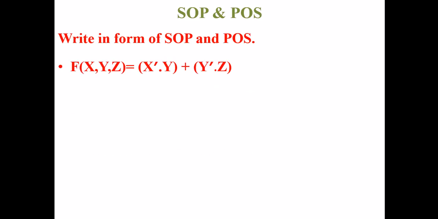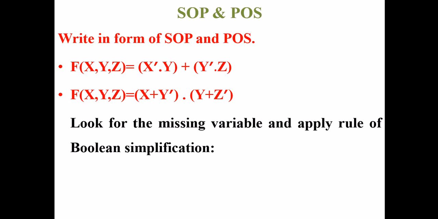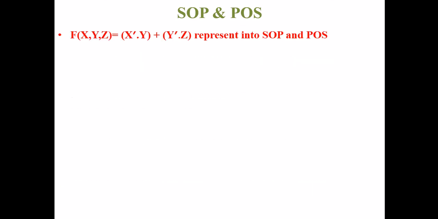So in order to solve this problem, you need to look at the missing variable and apply the rule of Boolean expression, that is, for example, a plus a complement is equal to 1. Now for this problem, you will find here that z is missing, then you will multiply it with z plus z complement.